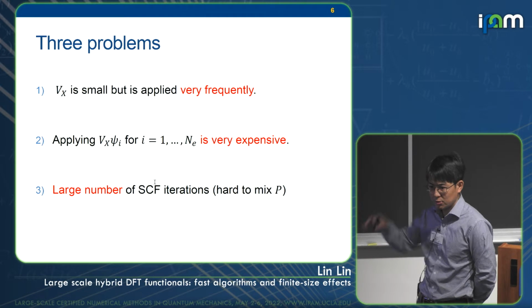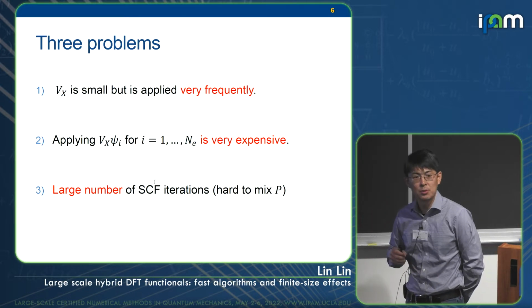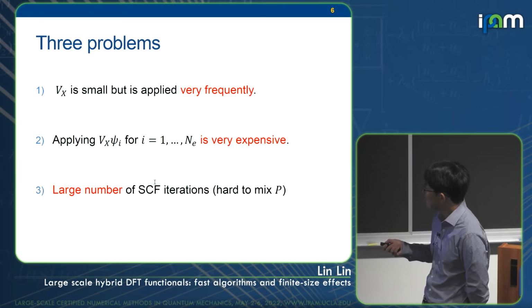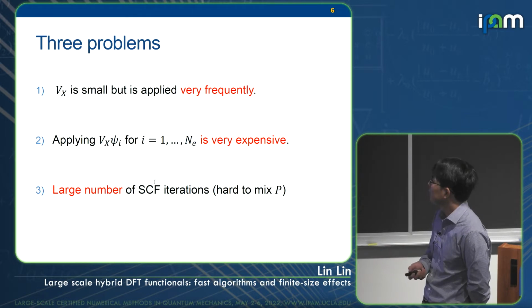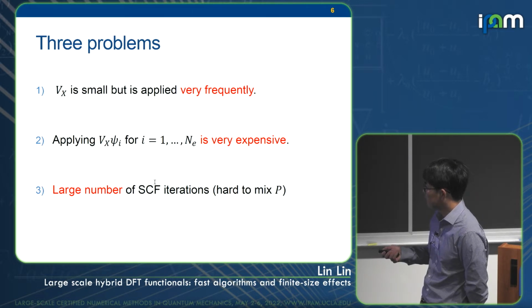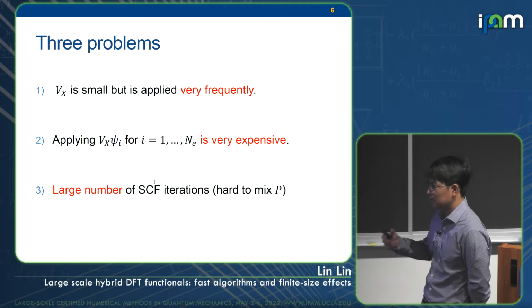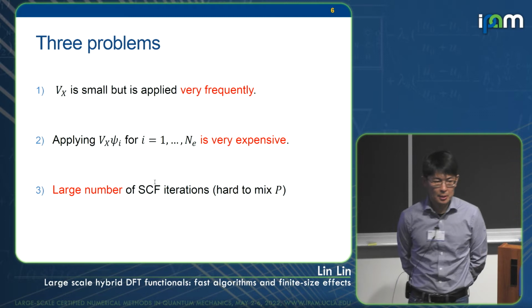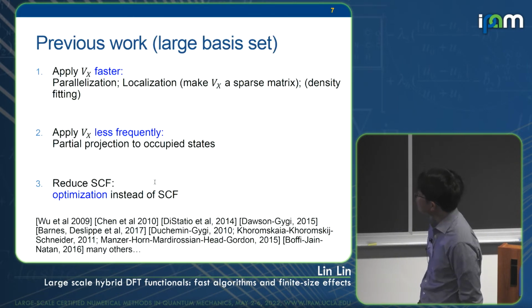As you've seen, it is embedded at the innermost level of the calculation. Not every code is like that, but many codes are. And applying this thing once is already pretty expensive. Also, this increases the number of SCF iterations because you not only converge with respect to rho, but also with respect to the density matrix P.